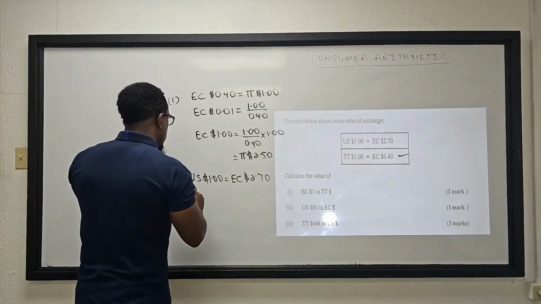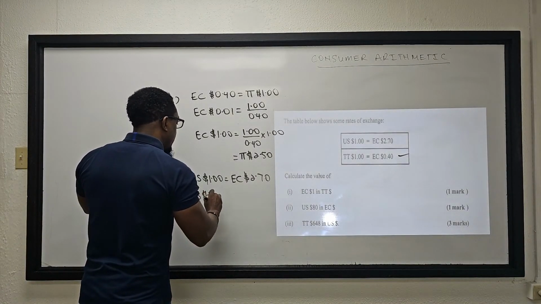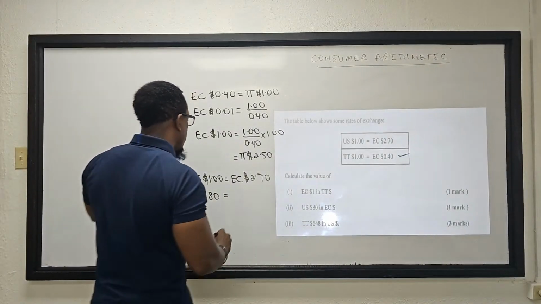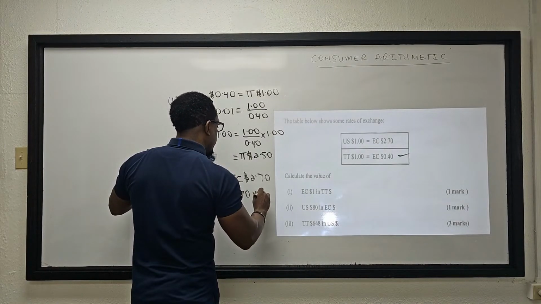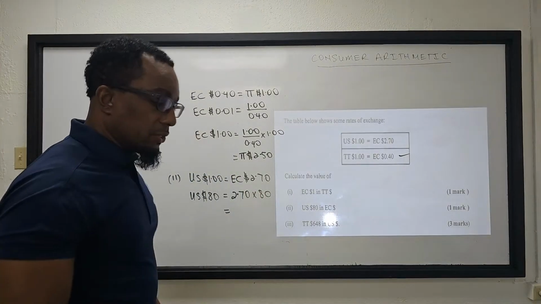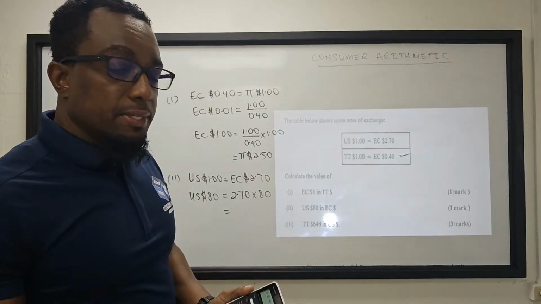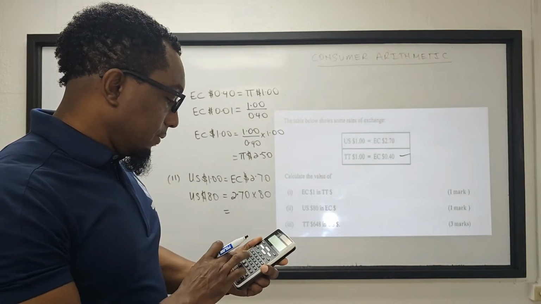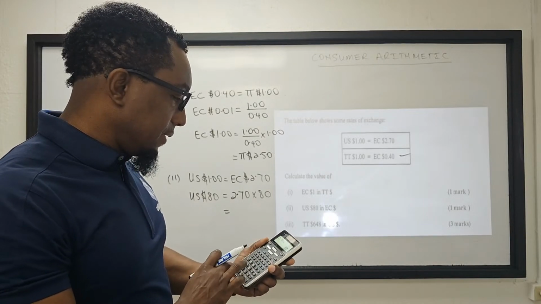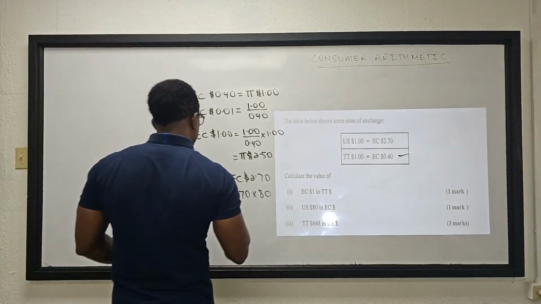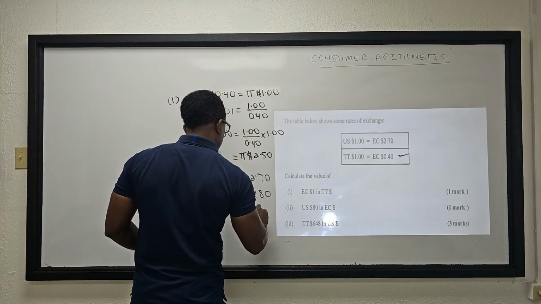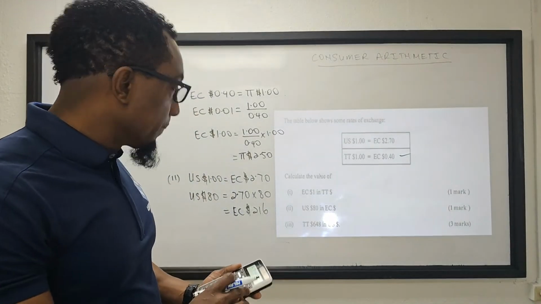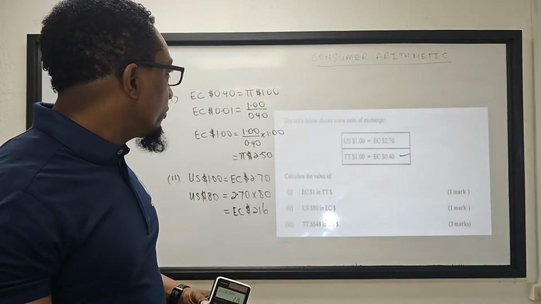If you know what 1 US is equal to, then 80 US will be to simply multiply $2.70 by 80. So this will give us the amount of EC dollars, what 80 US is equivalent to in EC dollars. So this will be 270 times 80. Right, so we're going to get here EC $216. Yeah? So let's look at part 3.